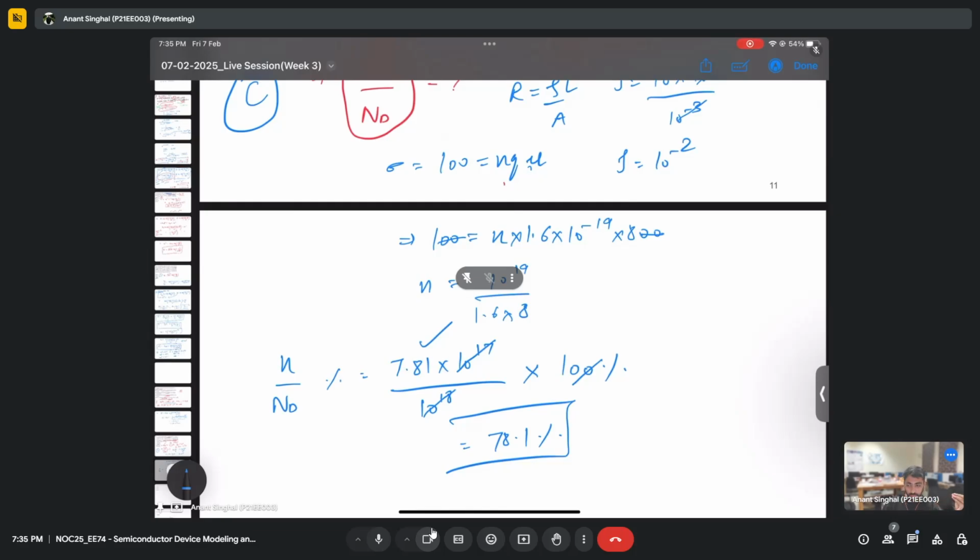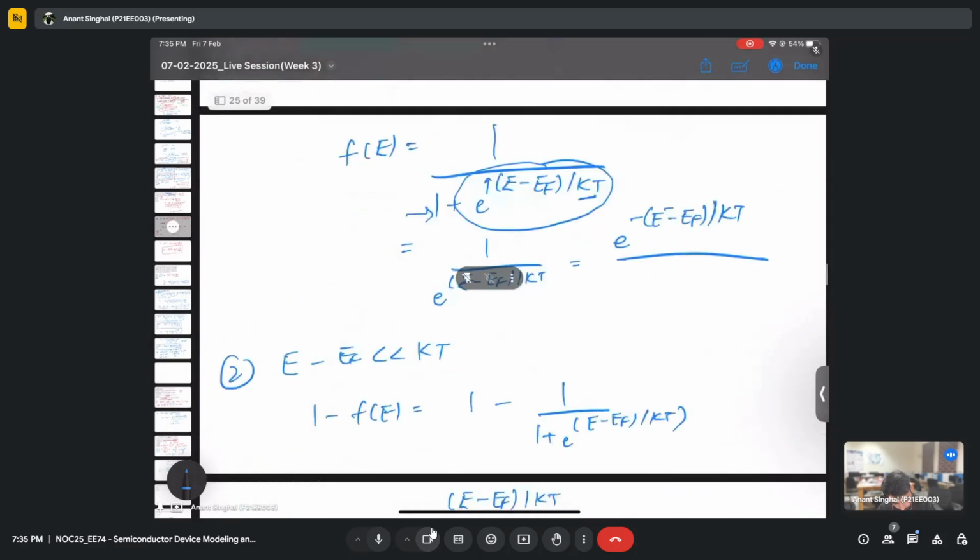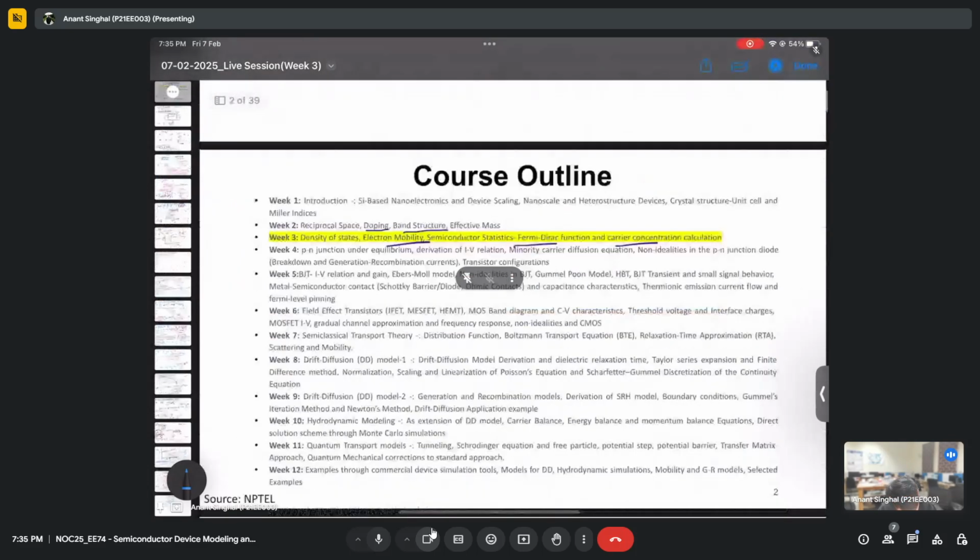If you can imagine how the Fermi level goes closer to the conduction band if we dope with N type, or closer to the valence band if we dope with holes, that basic physical idea will be great for further lectures, because we'll be dealing with devices. The next lecture is the PN junction, where we take two different types of semiconductor, join them together, and see the effect on the band diagram.